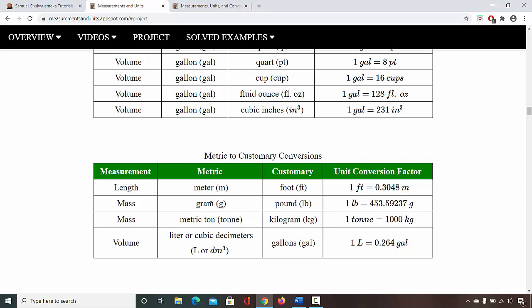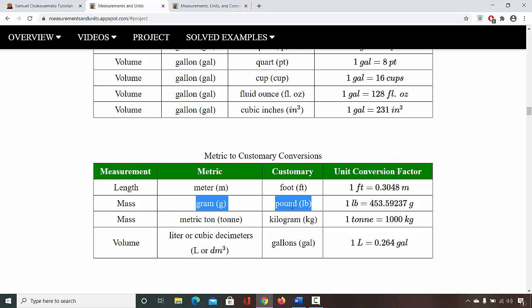We have a direct conversion from gram to pound. The next question will be, is there any direct conversion from ounce to pound?